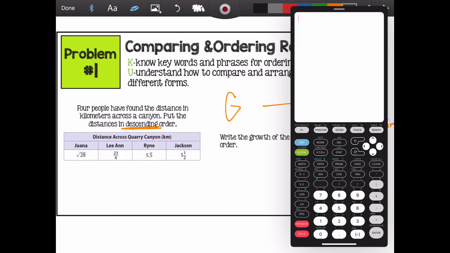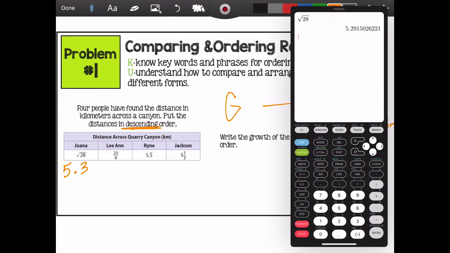So first things first, we want to change the numbers that are not decimals into decimal form. I'm going to start with Wanna, and I'm going to change the square root of 28 to a decimal, and I'm just going to approximate this to 5.30. Leanne, 23 over 4, or 23/4. Again, from 6th grade, we talked about changing a fraction to a decimal.